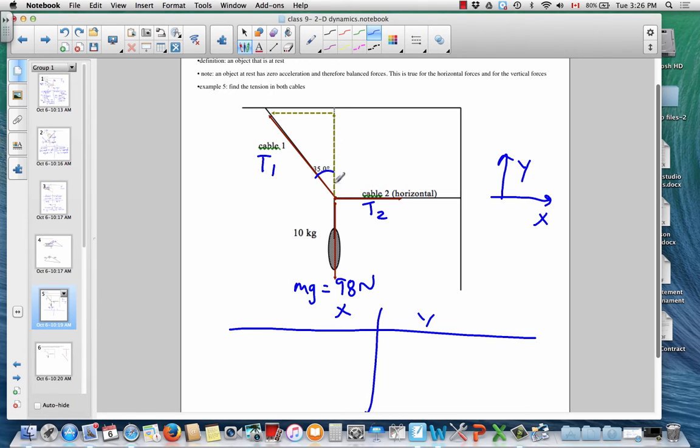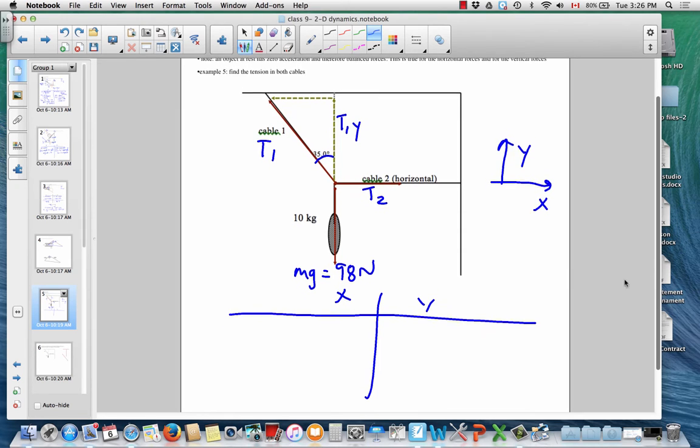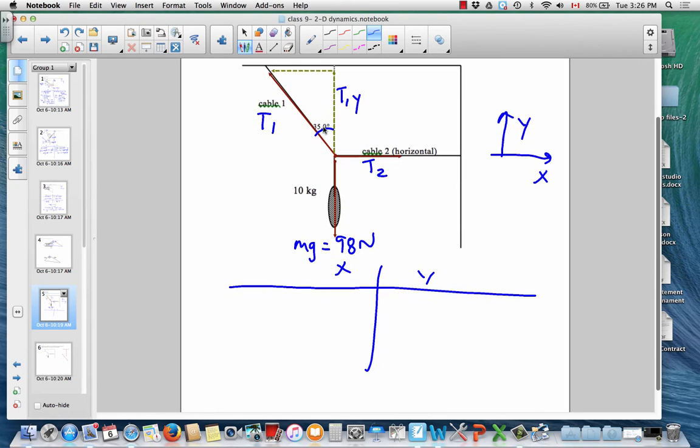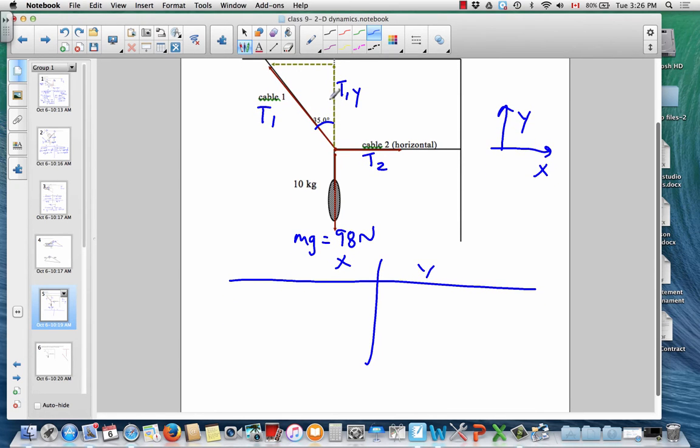So this y component, the T1 y component, the upwards one, is going to be the adjacent side. So that'll be cosine. So that's T1 cosine 35. Let's analyze the forces in the y direction. Well, because this mass is at rest, the forces have to be balanced because there's no acceleration.